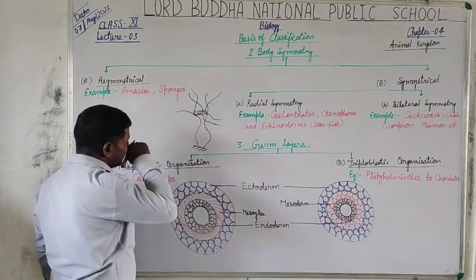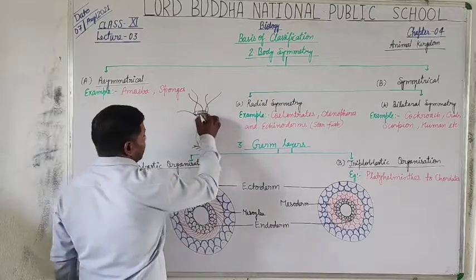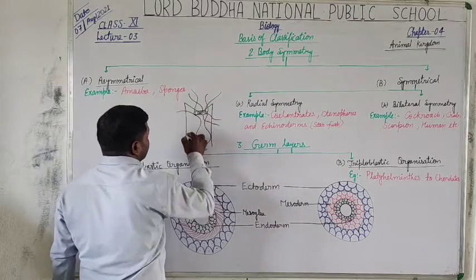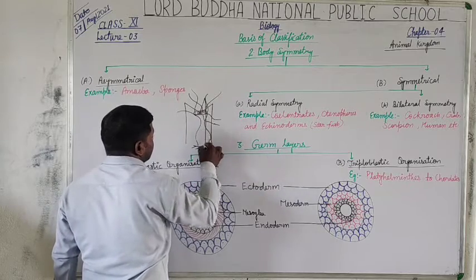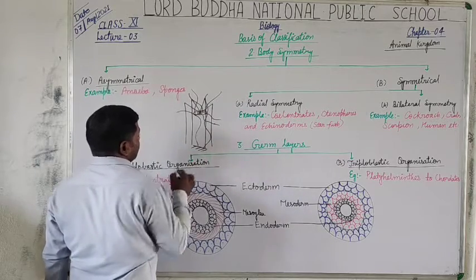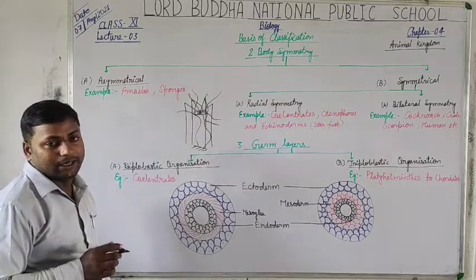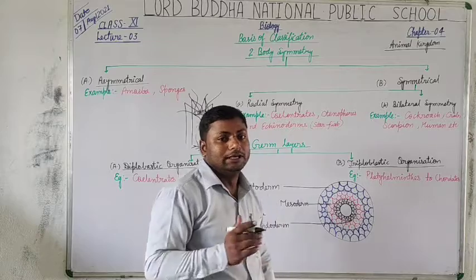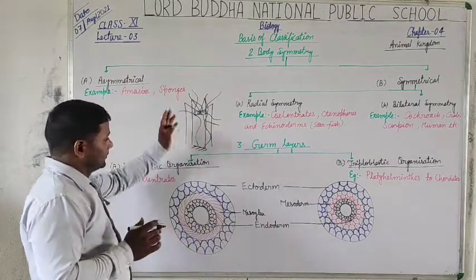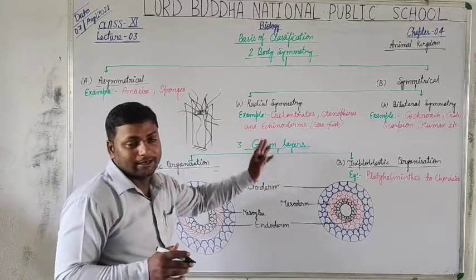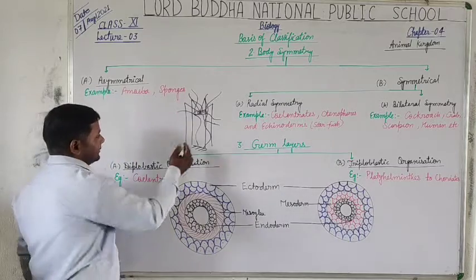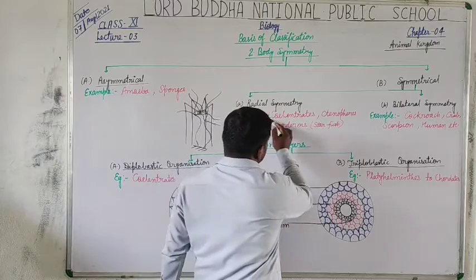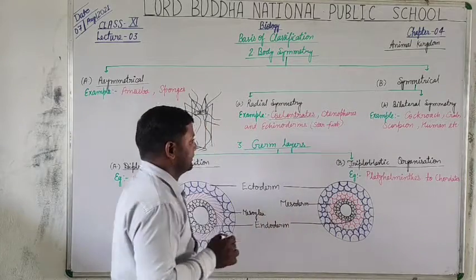So a Hydra's body can be radially divided into two or more equal halves. This is a member which possesses radial body symmetry, and it is the most representative member of the phylum Coelenterata, and they are called coelenterates.